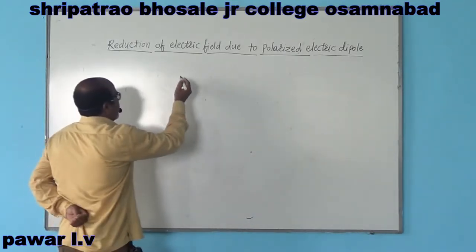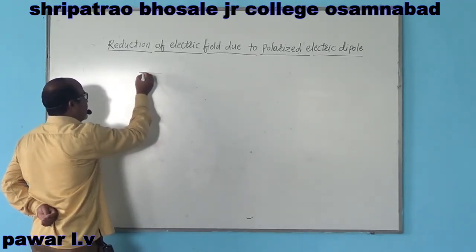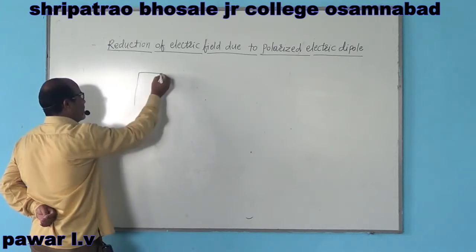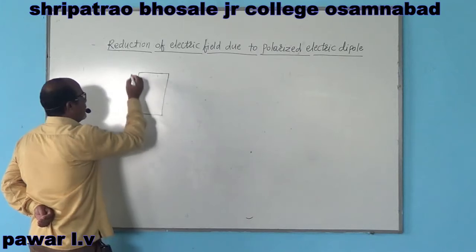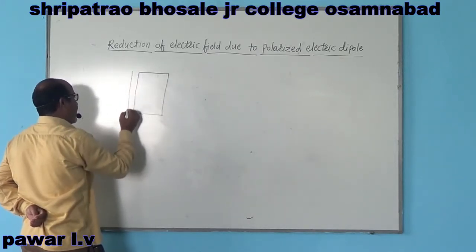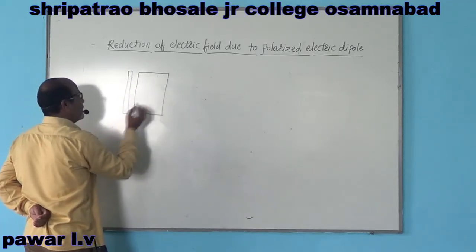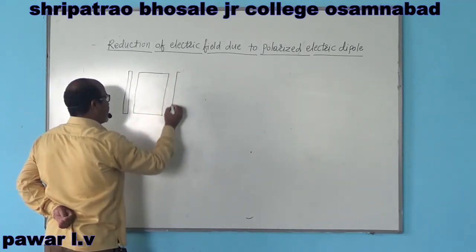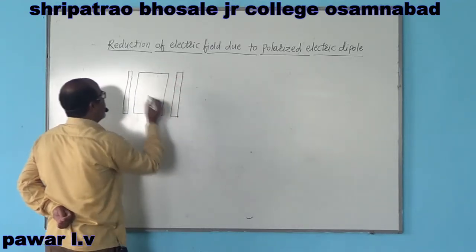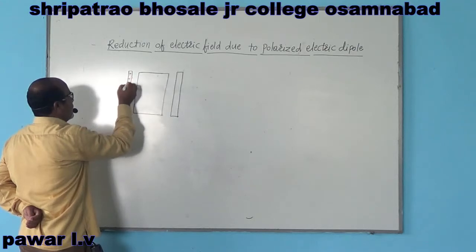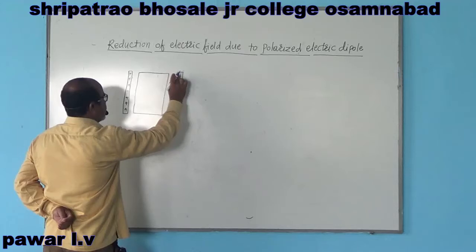If electric dipole is kept in electric field, so these are two metal plates, parallel metal plates, which are oppositely charged.